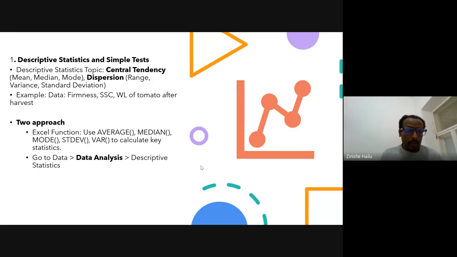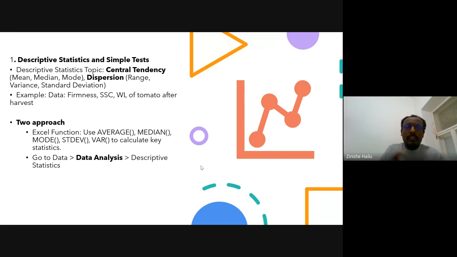The second approach is to use the Data Analysis tool add-in. With that, we can select descriptive statistics and we'll get a summary output.